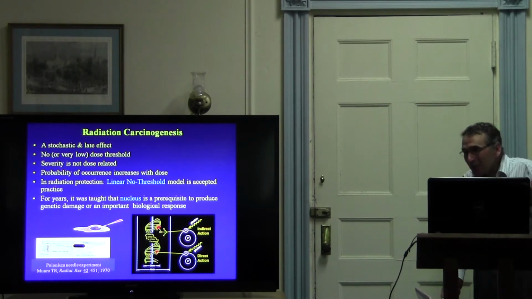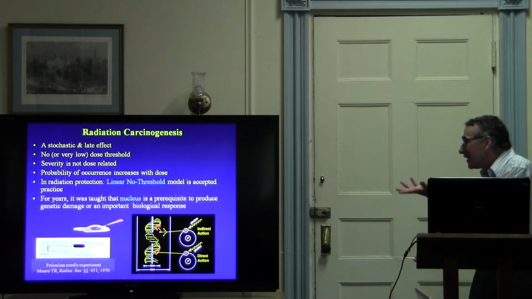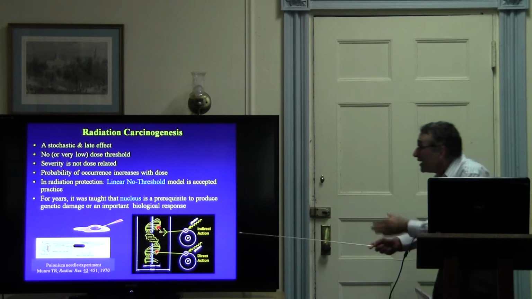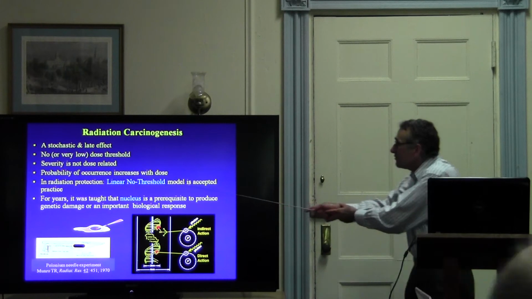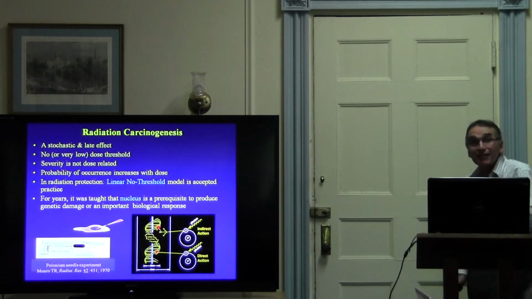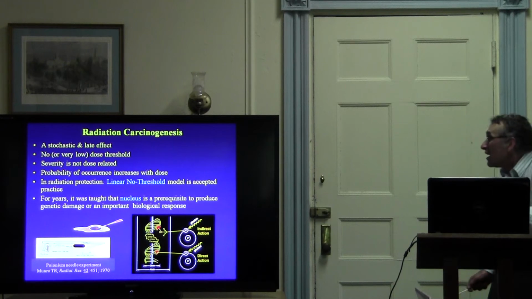but when it comes to radiation protection, a topic on which Dr. Brenner has spoken and lectured a lot, regulatory agencies and advisory agencies tell us about the linear no threshold model. It is the accepted practice in radiation protection.